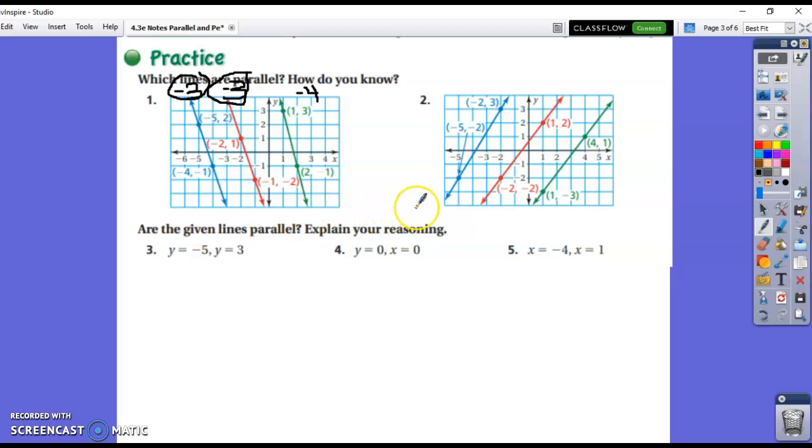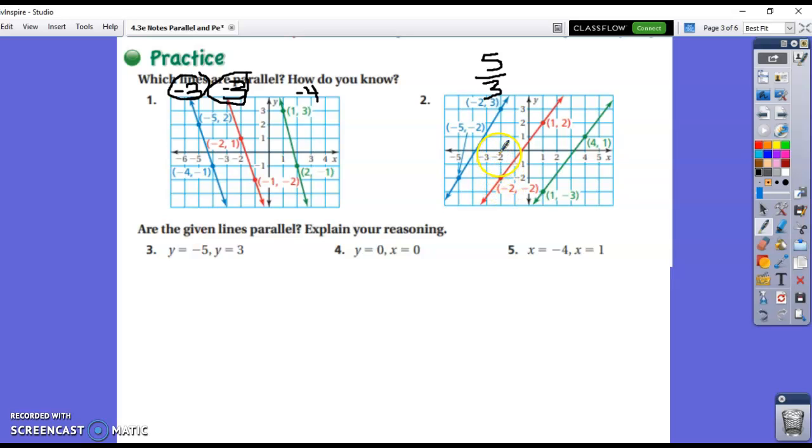All right, let's check out number 2. I'm going to start with the bottom, 1, 2, 3, 4, 5, 1, 2, 3. So up 5 to the right 3, that would be 5/3. If you wrote 1 2/3, that's fine. I'm just going to leave mine as 5/3.